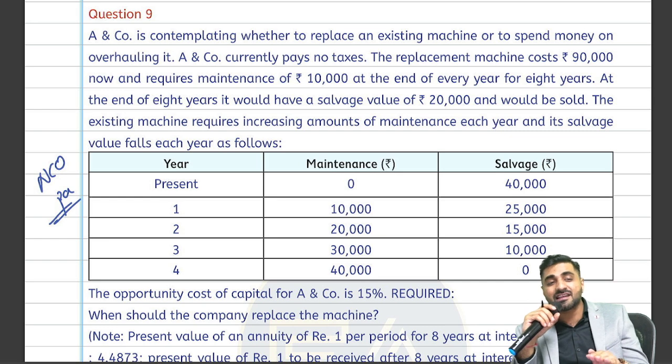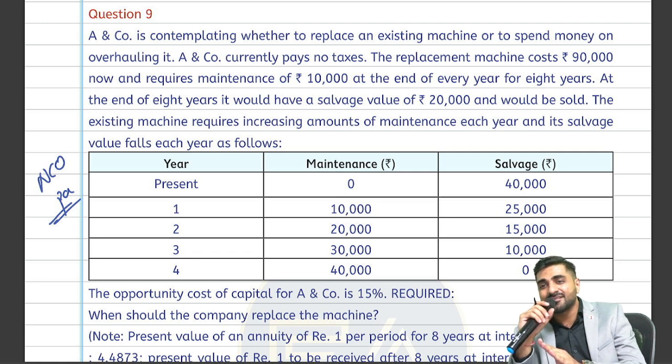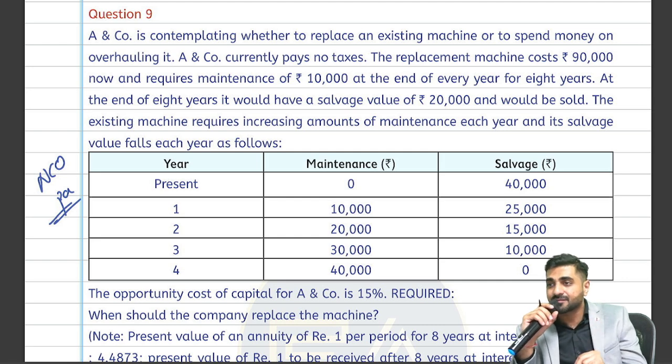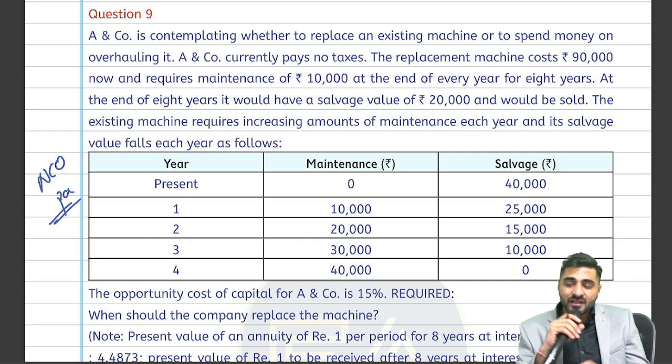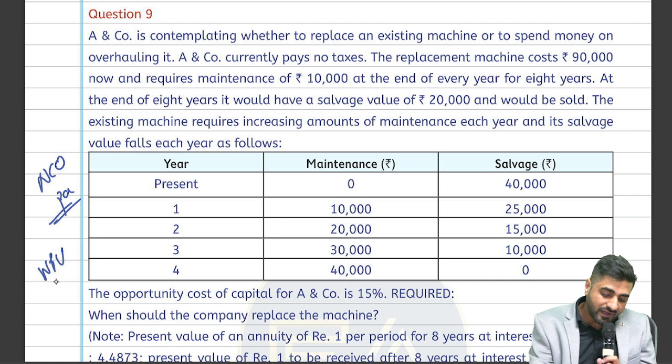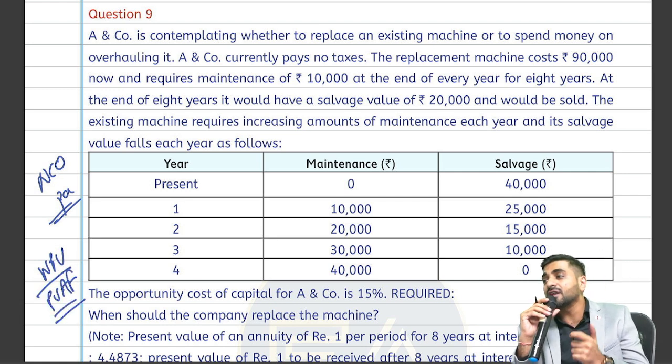Because one project has the life of what? 5. One project has the life of what? 7. So don't you think that the NPV cannot be directly compared? So we have to calculate NPV per annum. Whenever the project lives are different, what do you calculate, beta? NPV per annum. How do you calculate NPV per annum? You take the NPV and you divide that by present value annuity factor. That gives you NPV per annum.